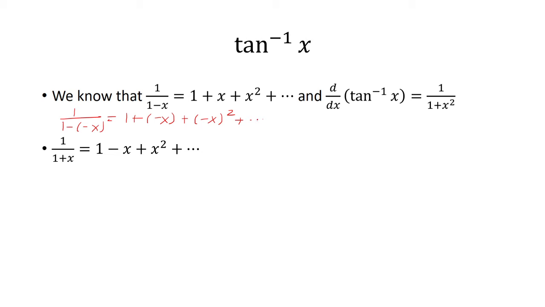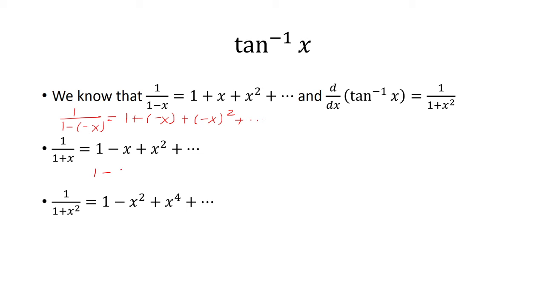What happens is those with the odd exponent are going to be negative. Okay, so the negative x to the first will be negative x, and the negative x cubed will be negative x cubed, etc. So this is what we get. And now we can finally get to 1 over 1 plus x squared by replacing x with x squared.